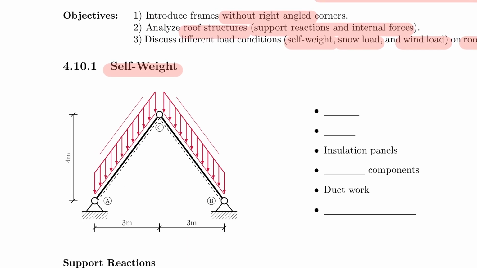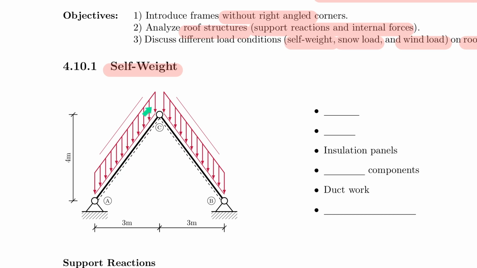Before we write anything down, let's observe this. The self-weight actually acts along the entire length of what's called a rafter or the roof structure, and that is acting towards the center of the earth. So all these arrows are vertical. Note that this is very different from what we have done before.